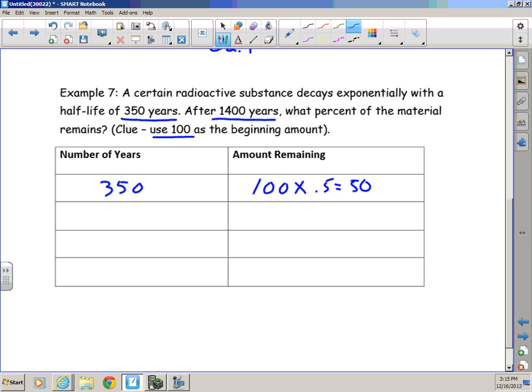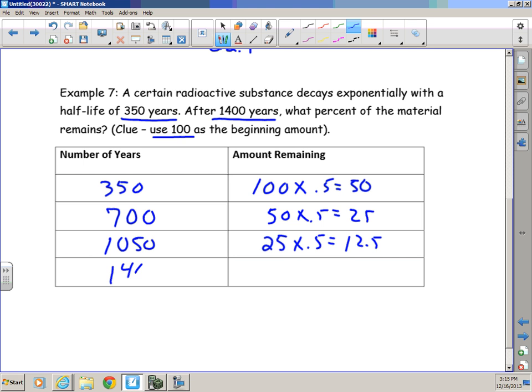Half of that, or 50. Now, what do I have after 700 years? Half of that, 25. What do I have after another 350 years? Half of that, or 12.5. And then finally, after 1400 years, I should have half of that, or 6.25.